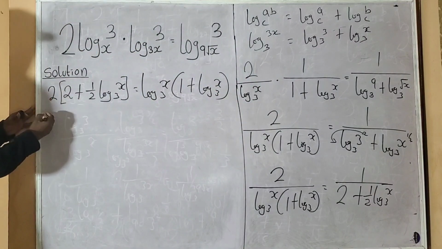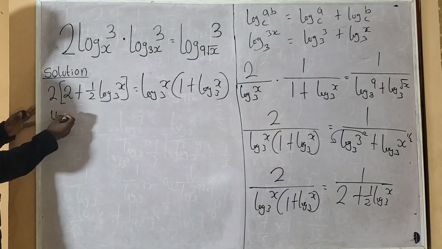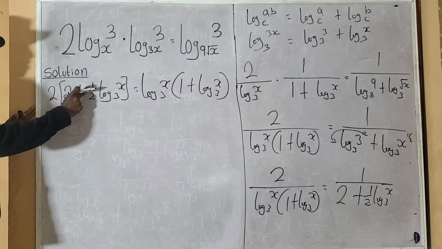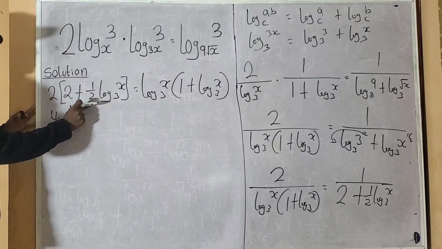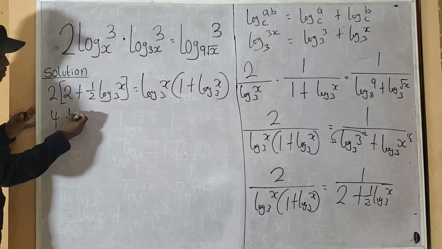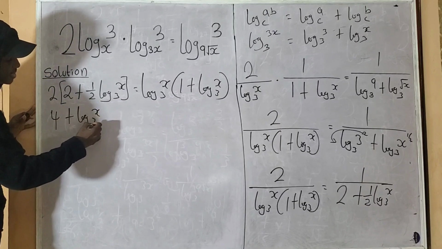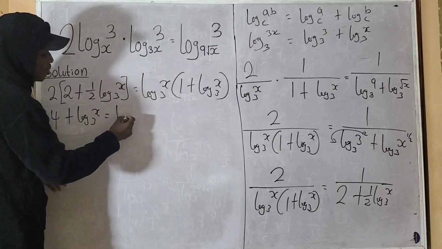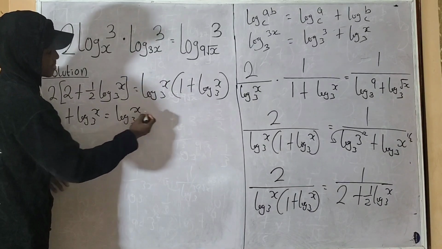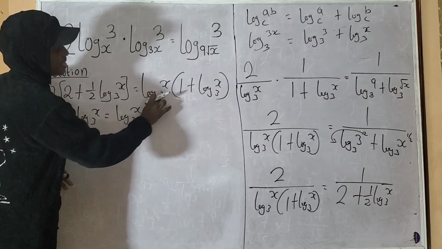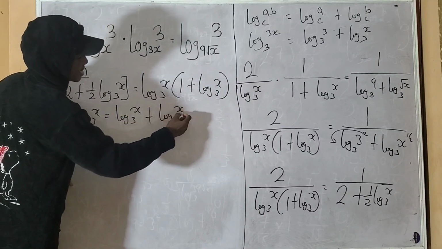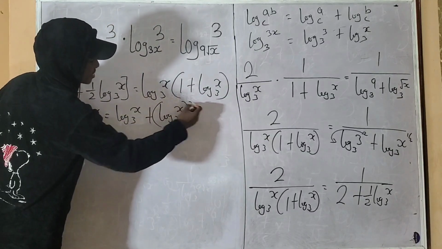Okay. 2 times 2 is 4. So I'm going to have 4 plus 2 times 1 over 2 log_3 x, that is, 4 plus log_3 x, equals log_3 x times 1, that is log_3 x, plus log_3 x multiplied by log_3 x, that is positive (log_3 x) squared.